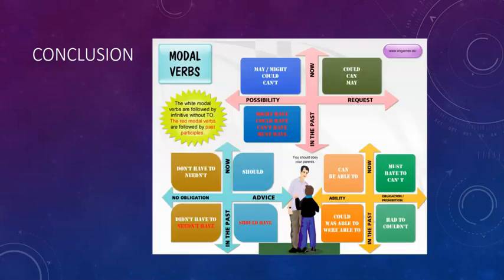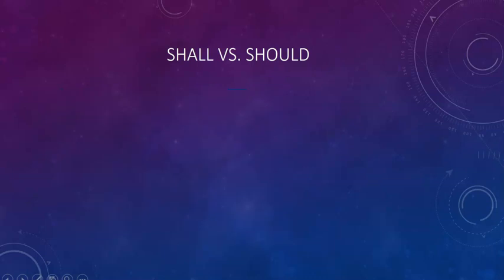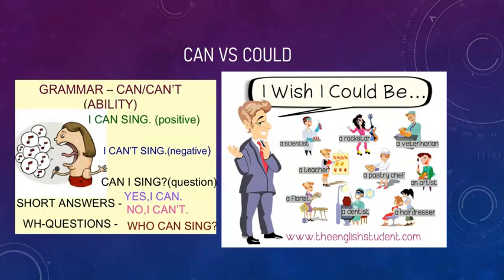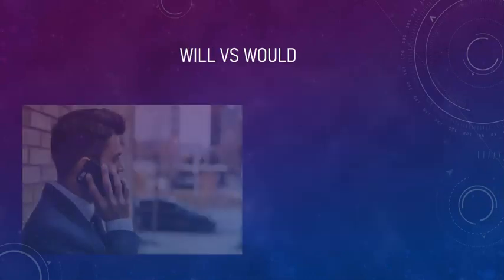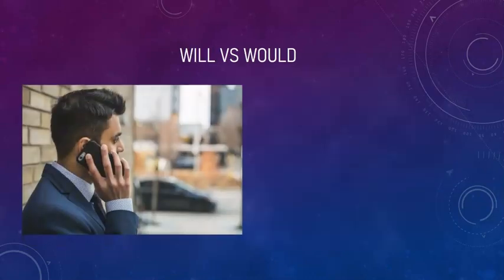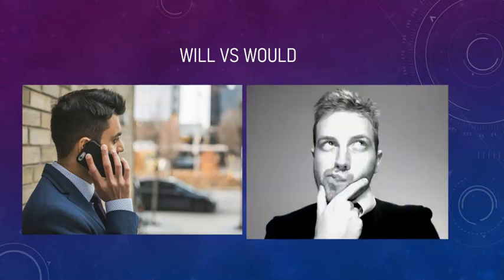So let's summarize the modal verbs so it will be more clear to you. We will start with can. Can is for present ability, and could is used for past ability or for more politeness. Will we use for certainty in the future: you will do that work in the future. And would we use for if something happens, we would do it.